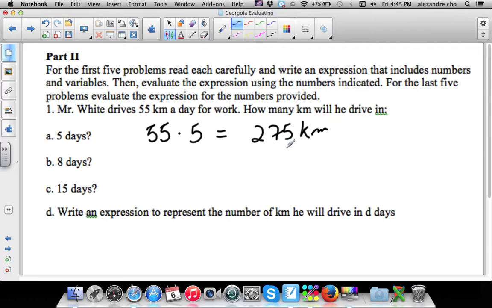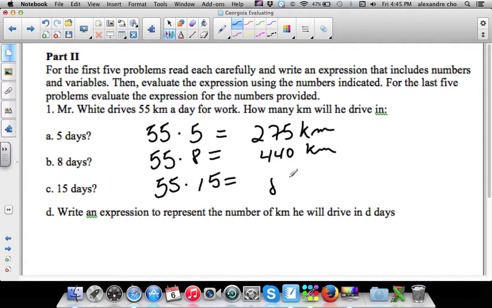What happens if he drives for 8 days? 55 times 8 gives us 440 kilometers. And in 15 days, it'd be 55 times 15, and that gives us 825 kilometers.